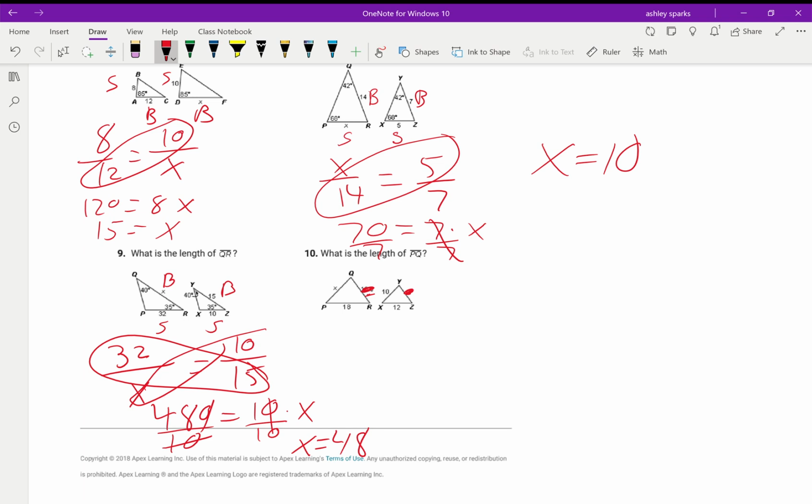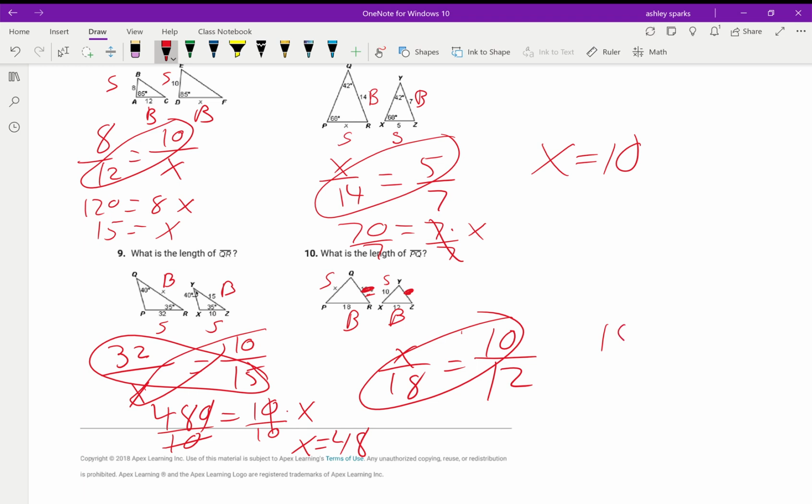If I see a decimal that I don't want to have to deal with, get rid of it. Okay? It looks like 10 is my small side, and 12 is my big side. 18 is my big side, and x is my small side. X over 18 will equal 10 over 12.